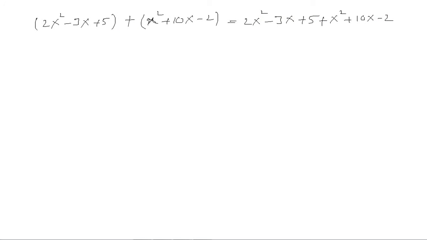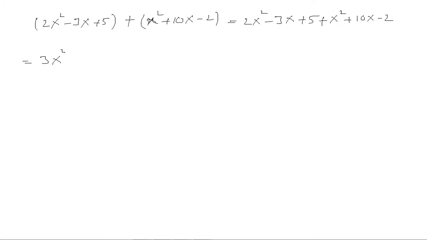Now I just look at the like terms. So the highest power that I can see here is x squared. So I have 2x squared here and I have 1x squared here, so that gives me 3x squared. So I have 3x squared.